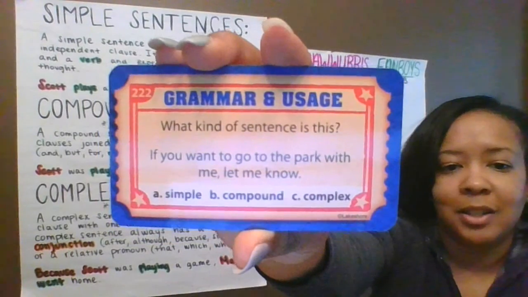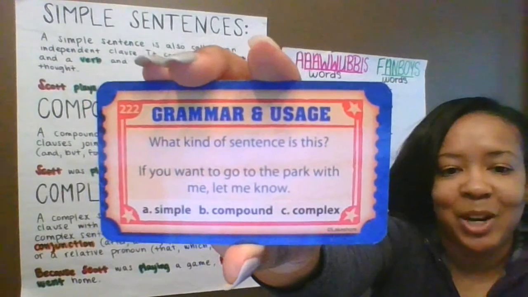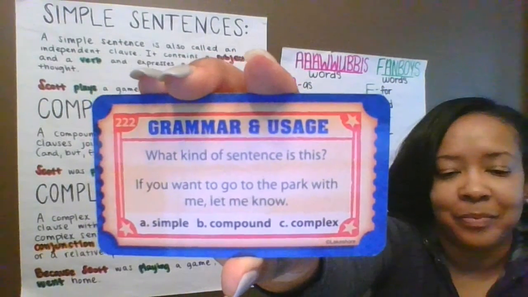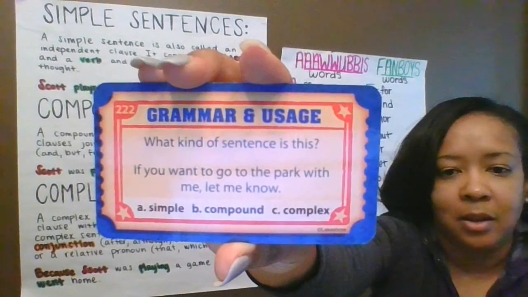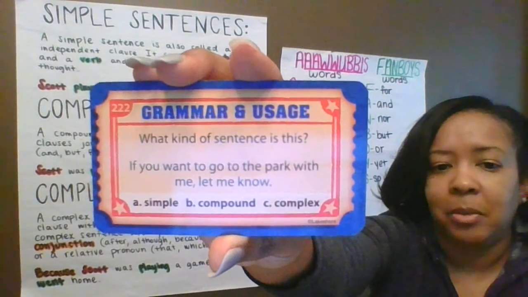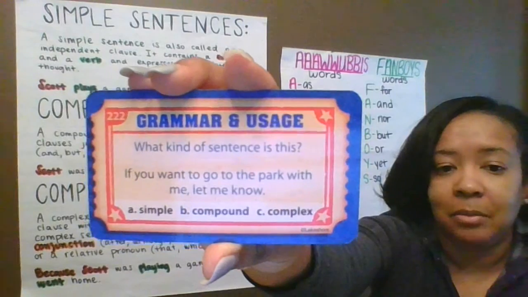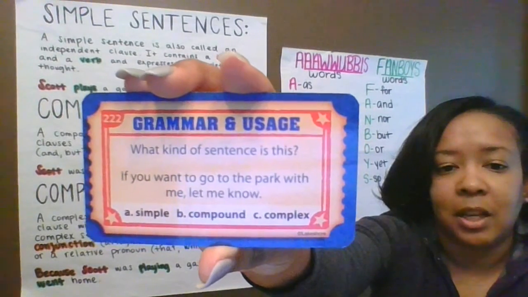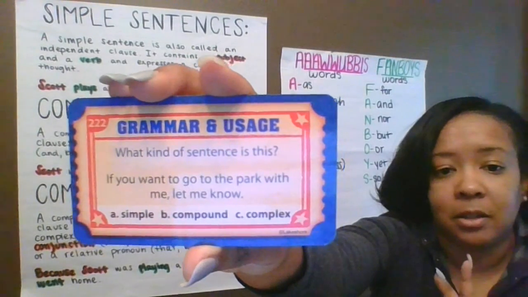What word lets you know that it's a complex sentence? Remember, it has to be an awubis word. If makes that a dependent clause. Let me know is my independent clause. So this is a complex sentence because it contains a dependent clause and an independent clause.